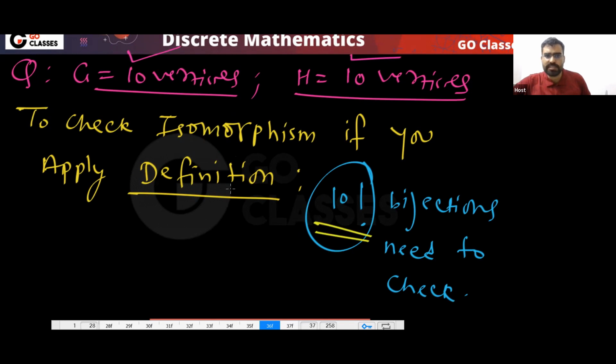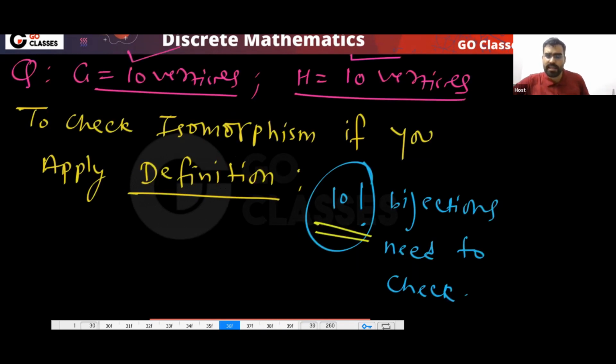So that is the reason we will never apply the definition of isomorphism. This definition I told you because in the NET exam there is a question in which they are asking the definition directly. There are 4 options, and in those 4 options they are asking the definition of isomorphism.